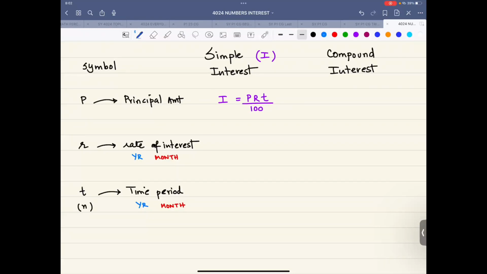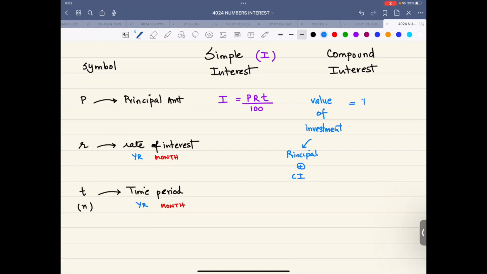There is the formula for compound interest. That is the value of investment. So value of investment, that includes the principal value plus the compound interest value.